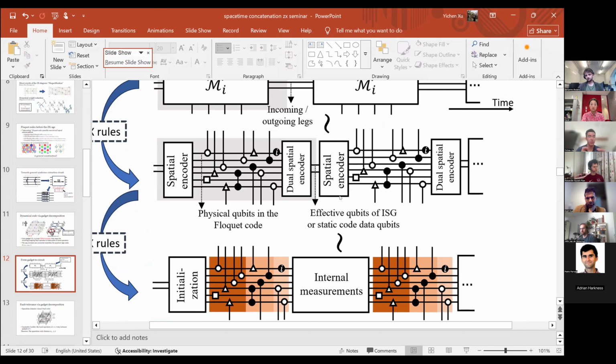So you can either deploy dynamic weight reduction or flockification inside this region, or you can play with ZX calculus and find a combination of dual and spatial encoders, which is not necessarily the same code. They actually have to be different in order for some magic to happen, in order for this merged circuit to actually have lower weight measurements. So there's a clever way, there's a straightforward way, and I think both work.